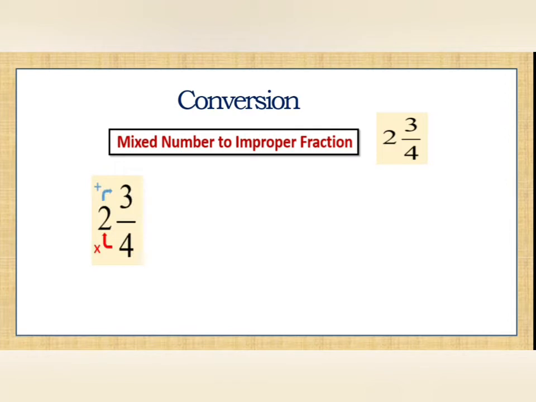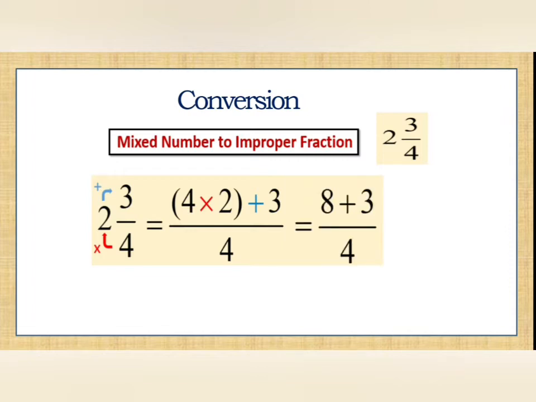So, first you multiply 4 into 2 and then add with 3 divided by 4. This is equal to 4 into 2 becomes 8 added with 3 divided by 4. This is equal to 11 by 4. Therefore, the mixed fraction 2 3 by 4 can be written as an improper fraction 11 by 4.